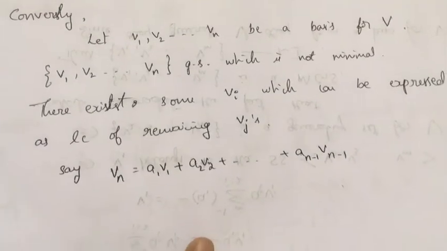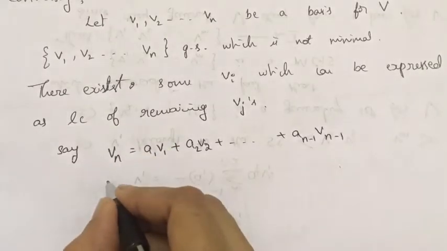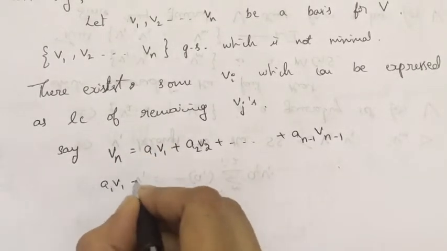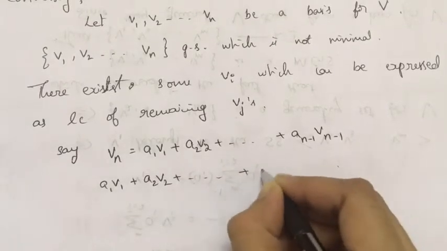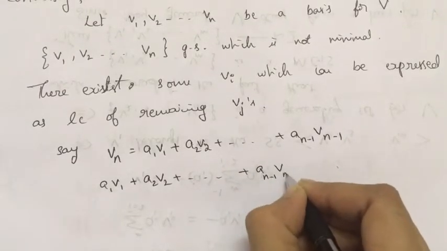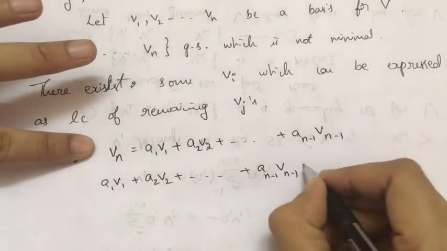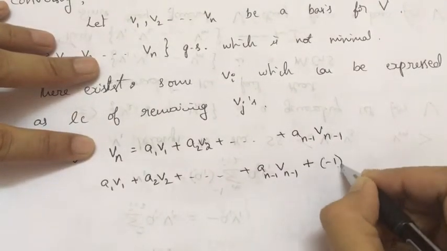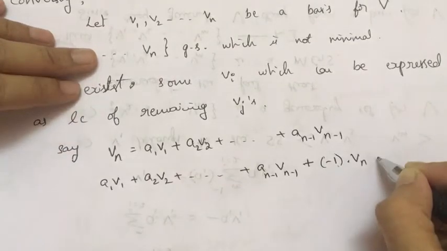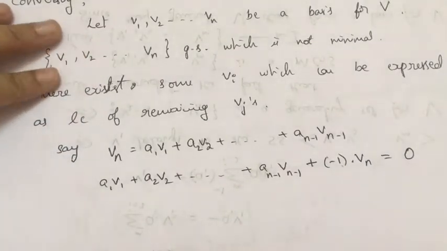Now this is the same as writing a1 v1 plus a2 v2 up to an minus 1 vn minus 1 plus minus 1 into vn, which is equal to 0.